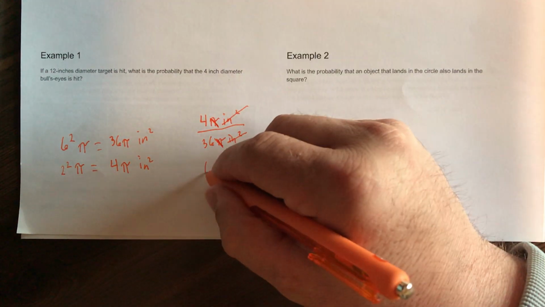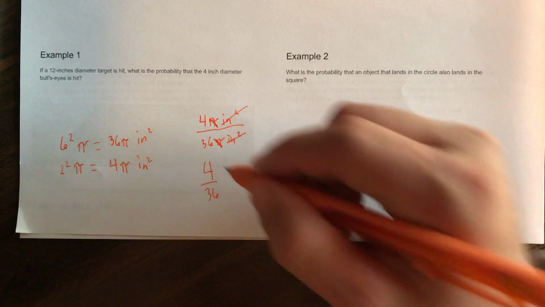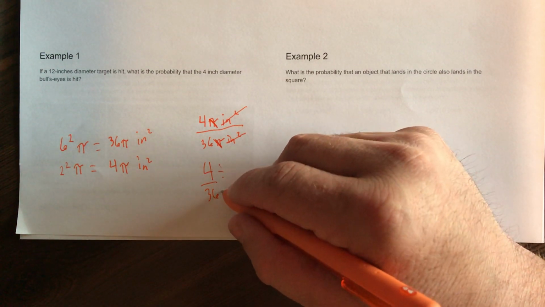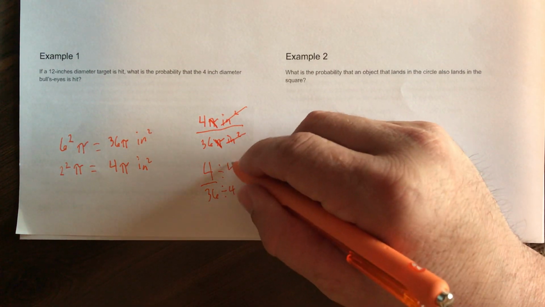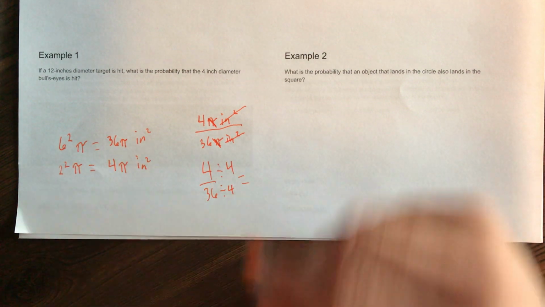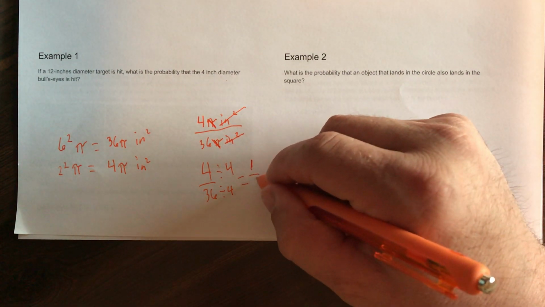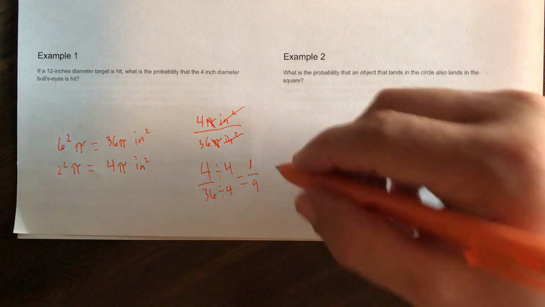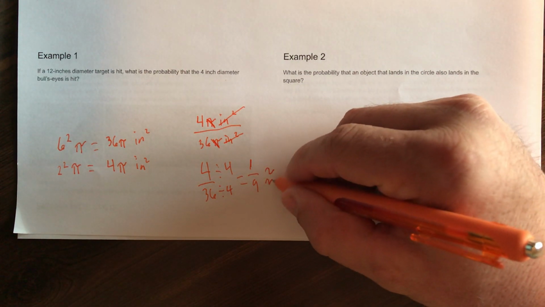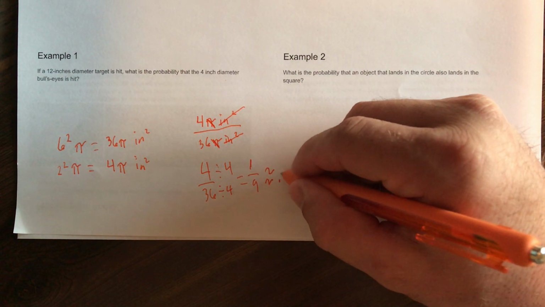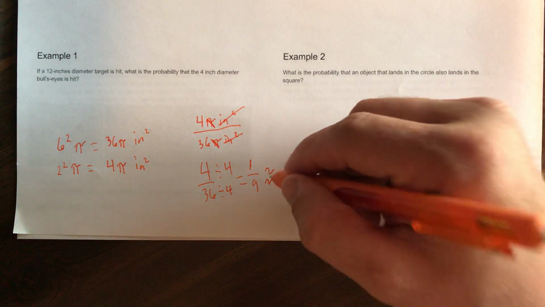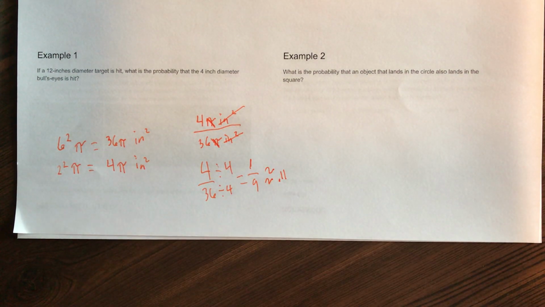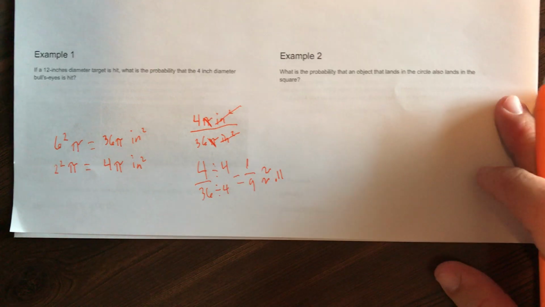So we're ending up with 4 over 36, which you guys might be thinking, well, Mr. Riedel, you can just divide that. You might have thought of that before, or reduce it, I should say, and you should get 1 over 9. So the probability that you hit this is literally going to be 1 over 9, which is approximately 0.11 or 11% that you're going to hit this. So that is your answer for that one.